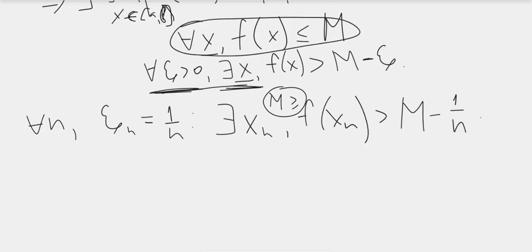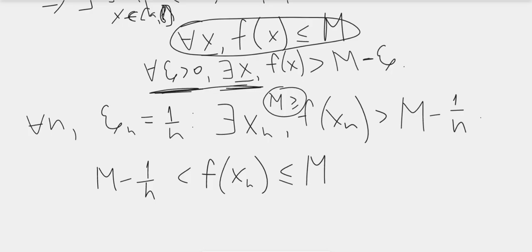So let's rewrite it this way: f of xn is greater than m minus 1 over n, but less than or equal to m. So it is between these two values that are closer and closer together. The left side tends to m when n tends to infinity, and the right side is always m.